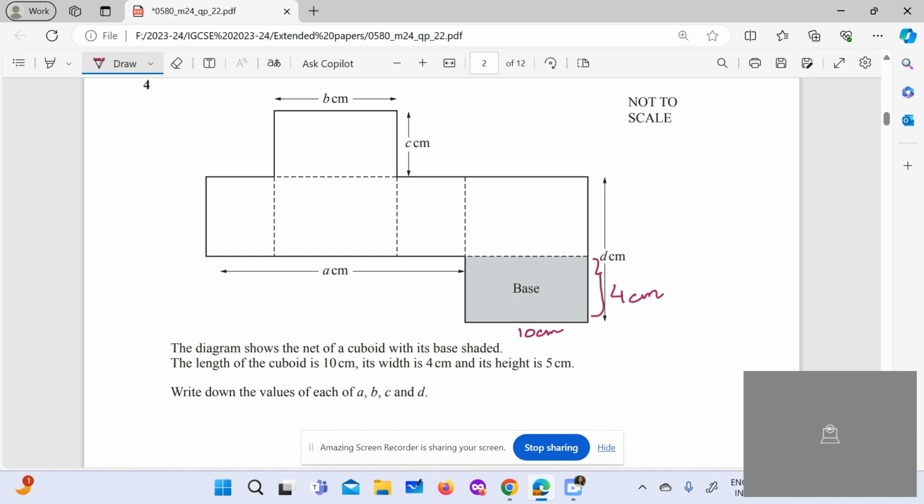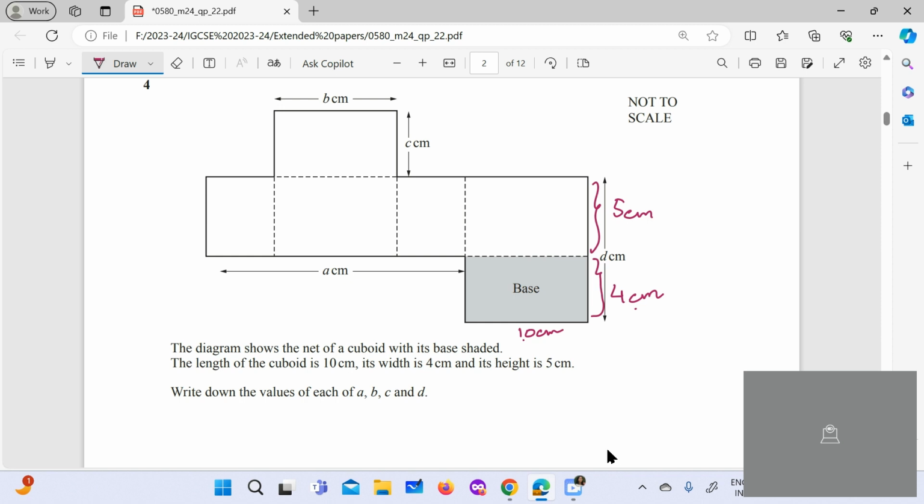Okay, you assume that this is the net of cuboid and it is folding up, see, so this part will make the height. This is 5 centimeter. Okay, so you have the length, you have the width, and you have the height. Now your question is, write down the values of each of A, B, C, and D. Okay, so let's see.